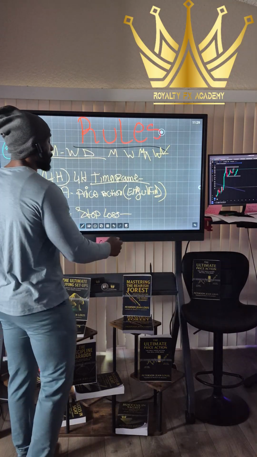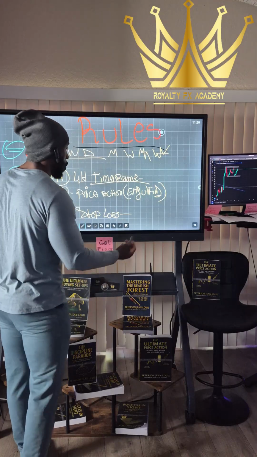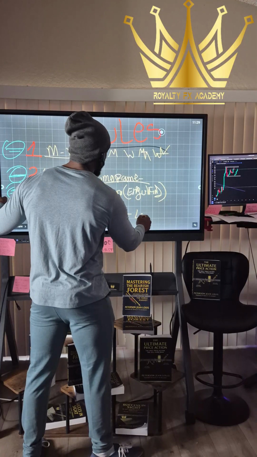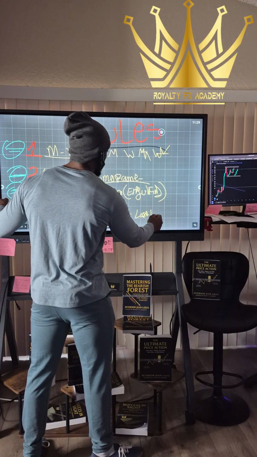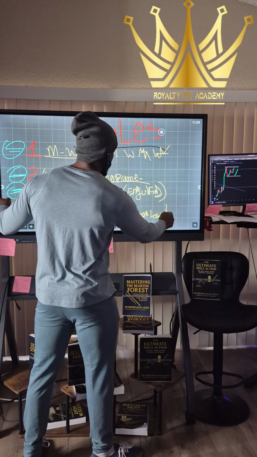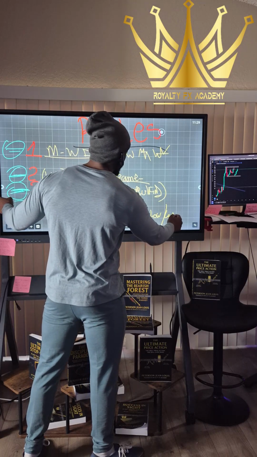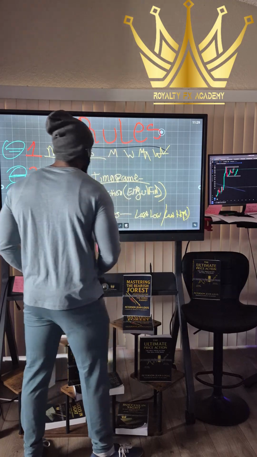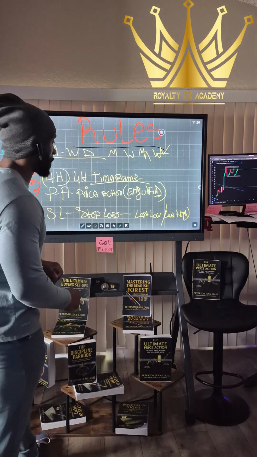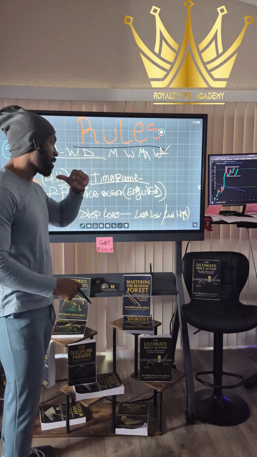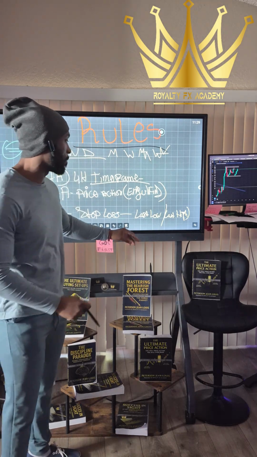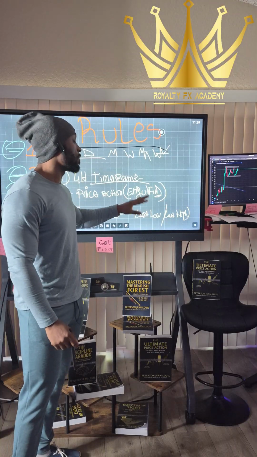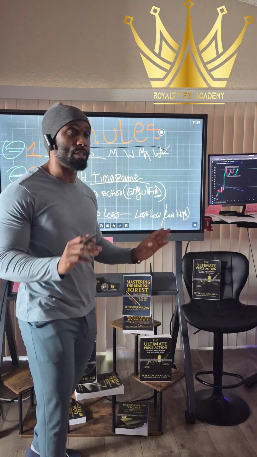Every single stop loss will have to be placed accordingly, either at the last low or last high. To be more specific, if you sell the market, your stop loss goes at the previous high. And if you buy the market, it goes at the previous low.